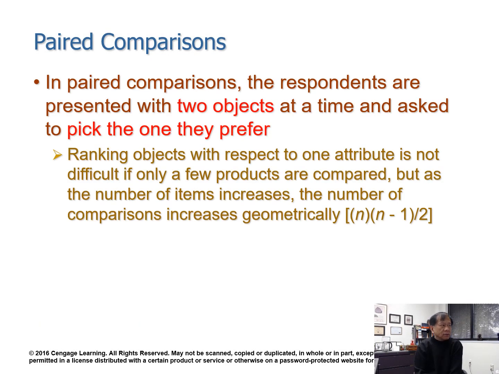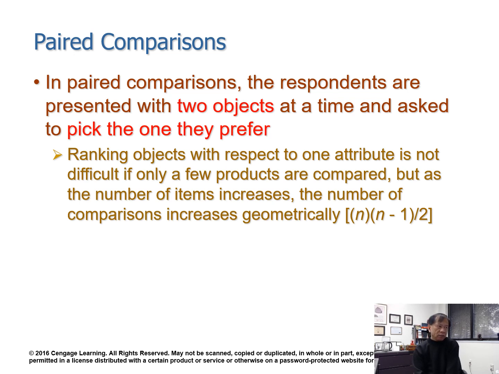Paired comparisons. We use paired comparisons. In paired comparisons, respondents are presented with 2 objects at a time and asked to pick the one they prefer. Pick 2. Which one do they prefer? And then pick another 2 and ask them which one they prefer. Okay? Ranking objects with respect to one attitude is not difficult if only a few products are compared.